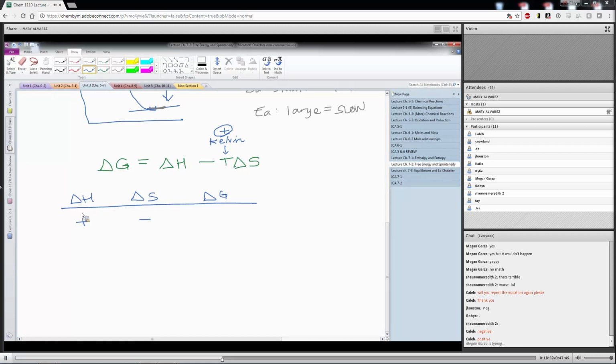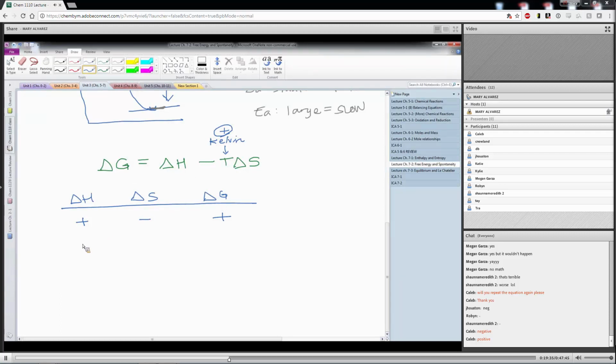So if I have a positive delta H and a negative delta S, I end up with a positive plus another value. If I have a positive and I add another value, the sign of delta G in that case can only be positive. I hope you guys see that. Like if I have positive 10 and I add some more, it's never going to be a negative number. You guys following me there? This is my logic puzzle.